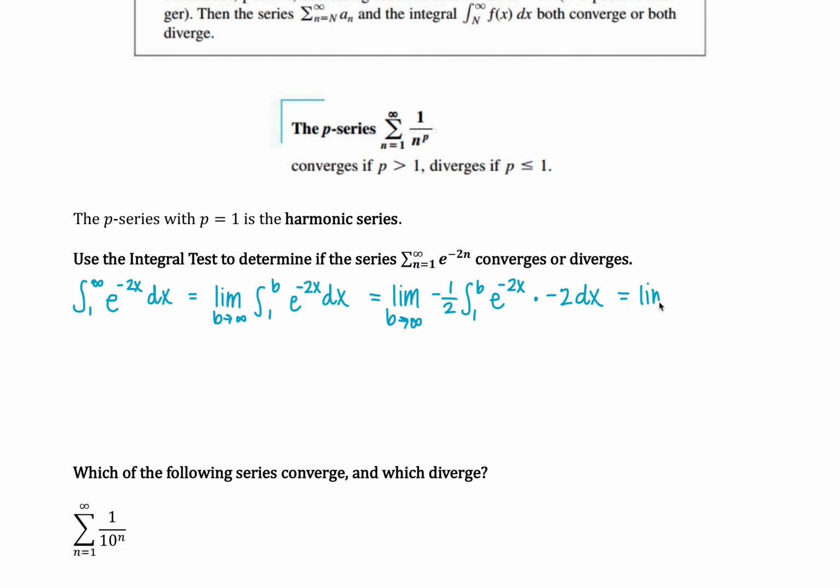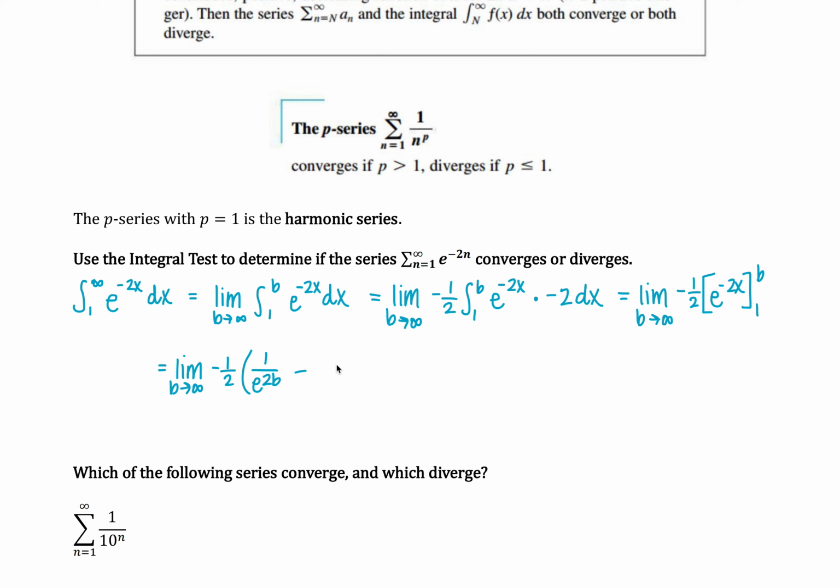Now we can integrate this. We've got the limit as b goes to infinity of negative 1/2 times e to the negative 2x, evaluated from 1 to b. So the limit as b goes to infinity of negative 1/2 times e to the negative 2b, which I can write as 1 over e to the 2b, minus, then we plug in a 1.